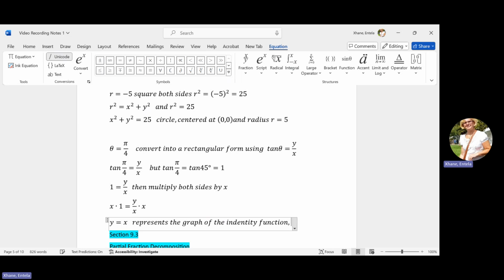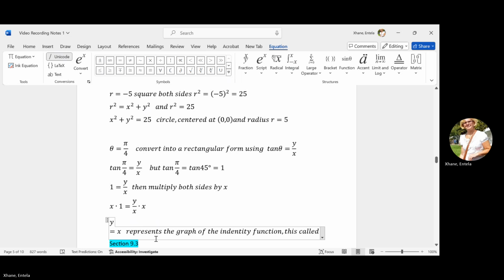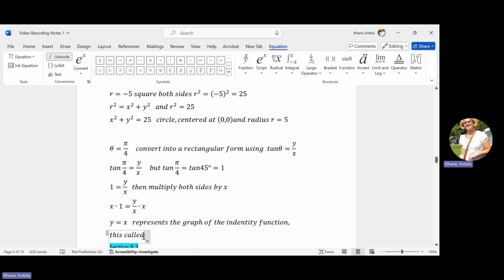So graphically, this is known as the bisector of quadrants 1 and 3.